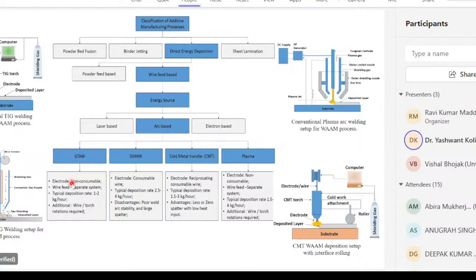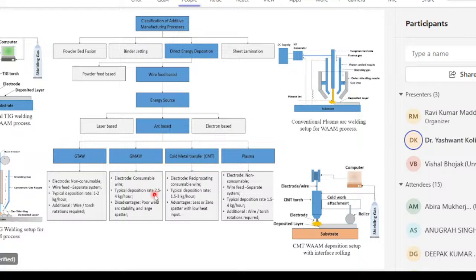We have to feed the filler wire by hand, or make a separate arrangement for wire feeding to make a WAM component. With a separate arrangement it is a very good process, but the deposition rate is still very less compared to GMAW.